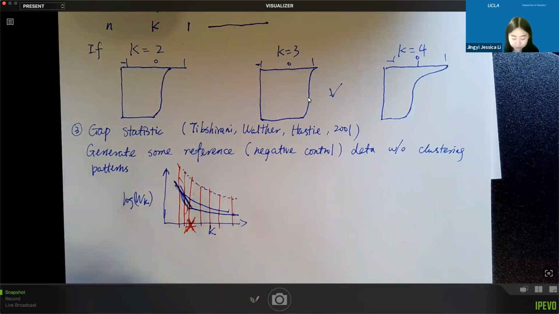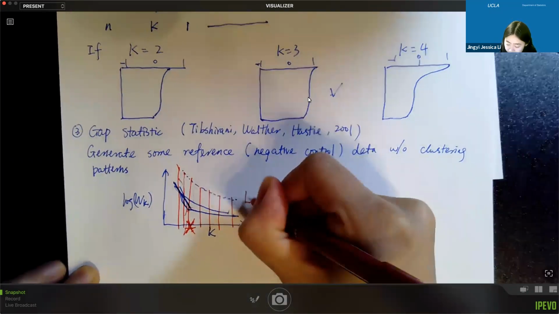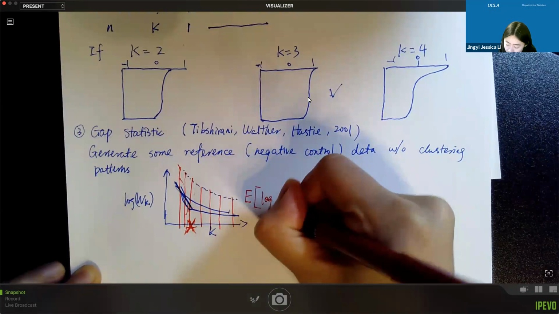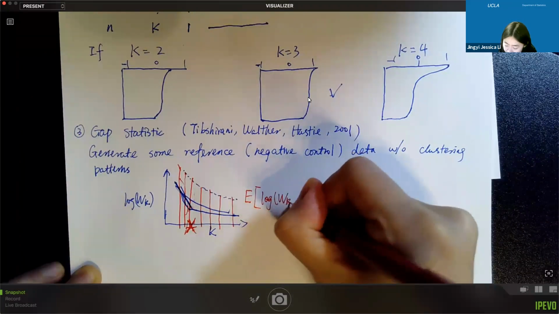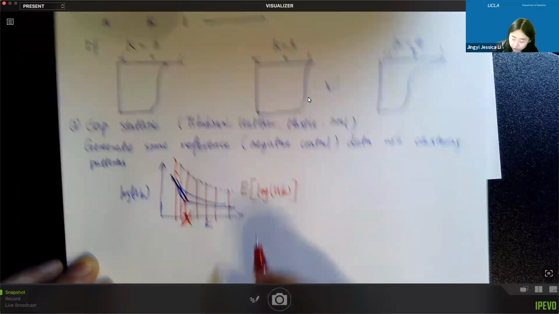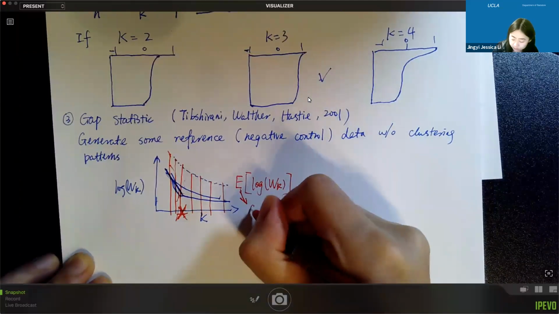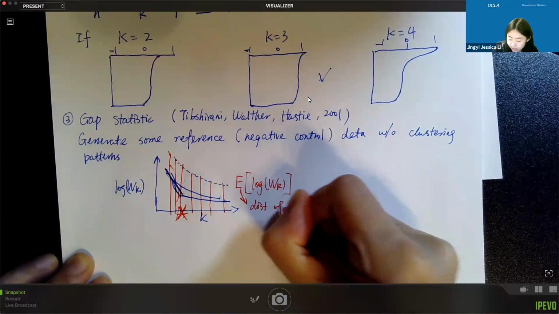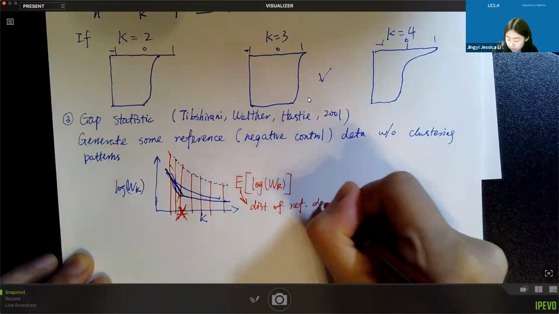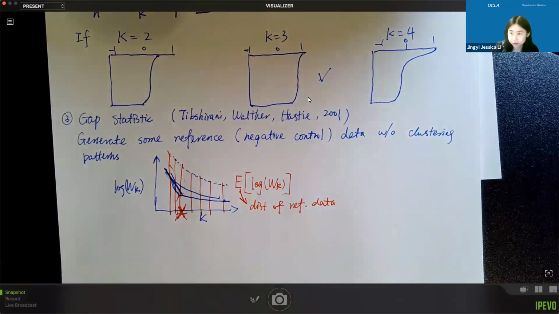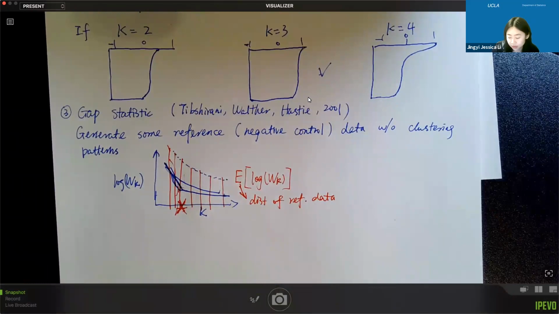Therefore, we are going to call this curve the expected log WK. This expectation is taken over the distribution of reference data. That is, on average, what the performance will be like on the reference data.